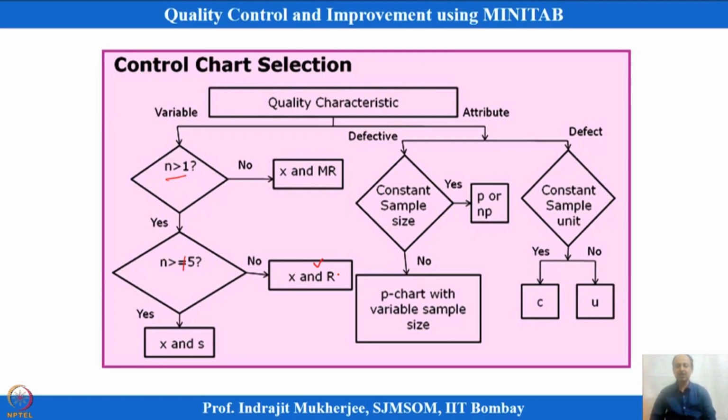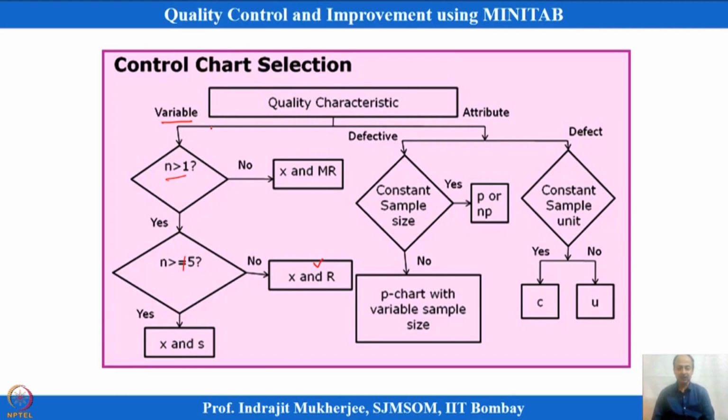Range calculation is much easier, which is why people on the shop floor prefer to use the X bar R chart. This is a variable control chart, used when the CTQs can be measured with a high level of precision, up to the least count, maybe 1 or 2 decimal places, as a continuous variable.